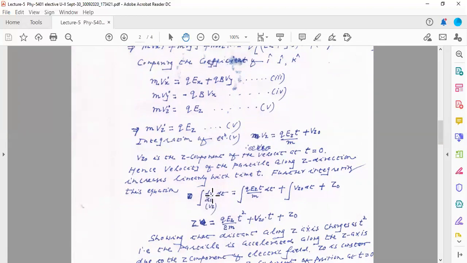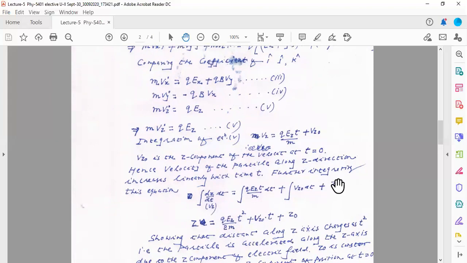This is the rate of change of displacement along the z direction, giving you Vz, the z component of the particle velocity. This is known to you. Now I integrate this: qEz t by m into dt, plus the integration of the term Vz0 dt, plus we have to write some constant of integration, z0.